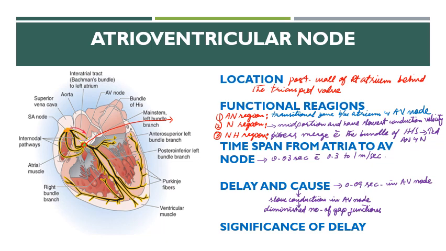This diminished number of gap junctions basically provides great resistance to conduction of impulse to bundle of His.